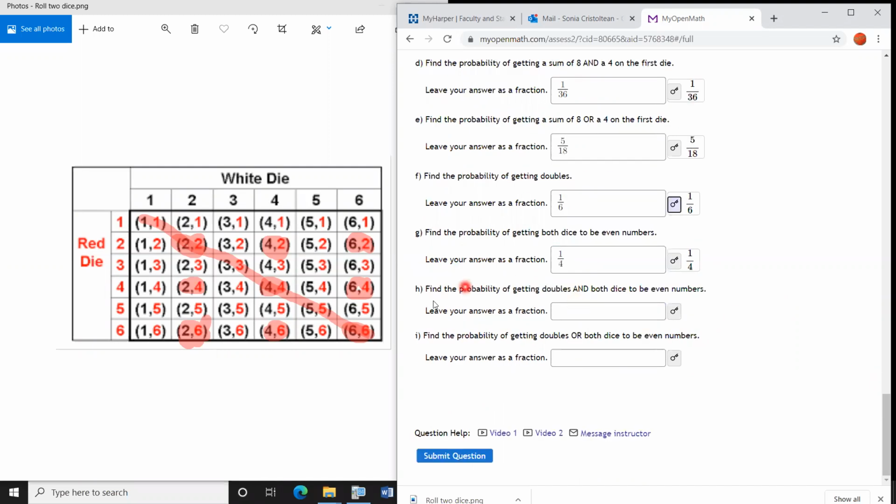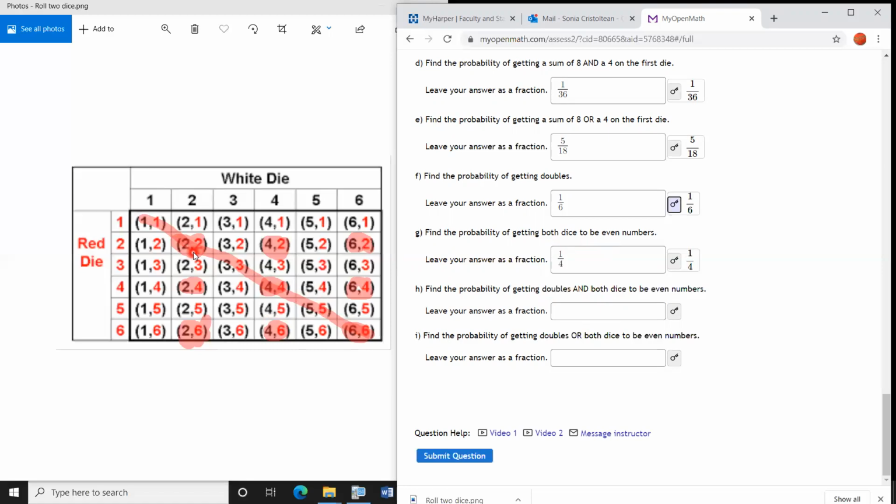And now I'm getting to the same type of question. Find the probability of getting doubles, and both dice to be even numbers. We already have these answers. However, because the table is given, we are looking for both. So where do I have both? That's the reason actually I did not clear my drawings. I need to see both, right?